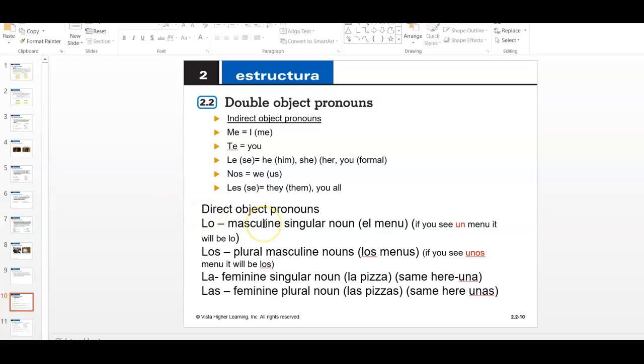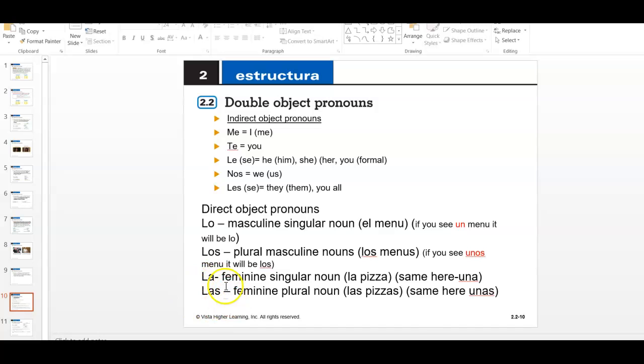For your direct object pronouns, lo has to be a masculine singular noun, so el menú. If you see un menú, you still have to use lo. Los is for plural masculine nouns, so los menús, or if you see unos menús, you're going to use los. La is used for a feminine singular noun, so la pizza. If you see una pizza, you're still going to use la to replace it.